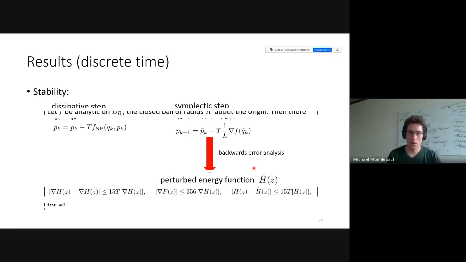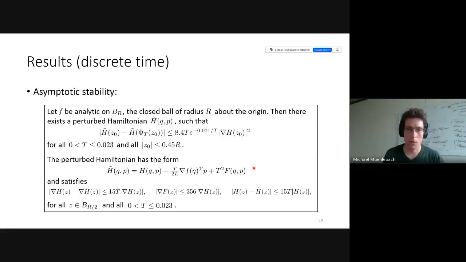Sorry, I'm having some issues with the presentation, but I hope it should work. So here's the precise result that characterizes this perturbed energy function, h tilde. What you do is a truncated Taylor series expansion, and this is typically called backwards error analysis.